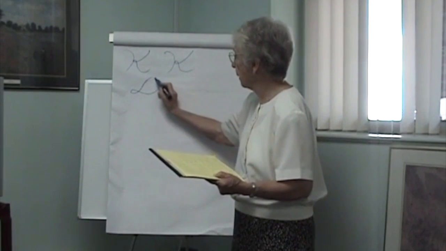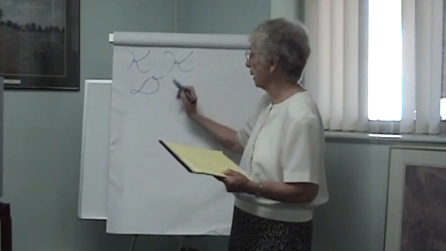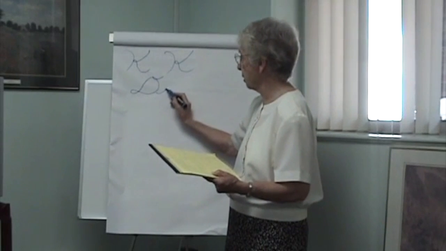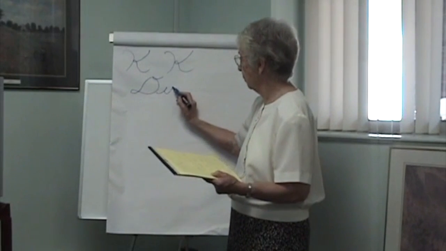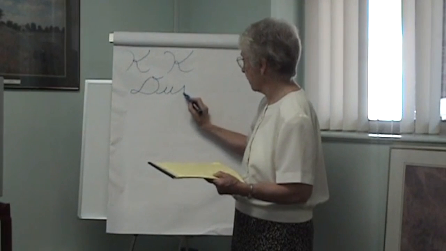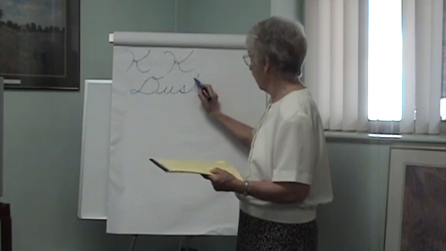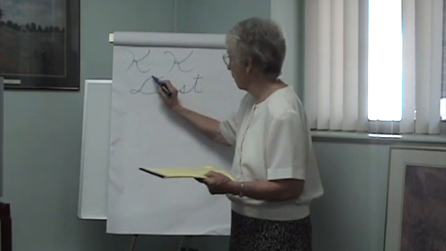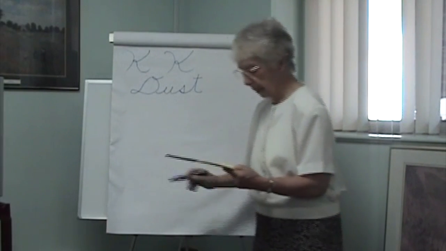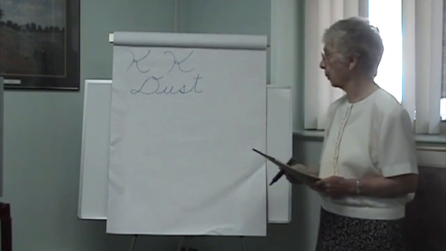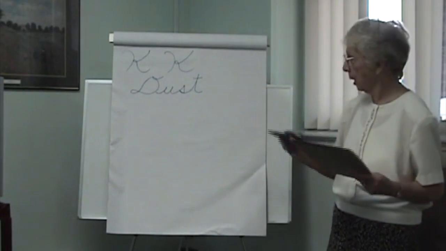We're going to come up like that. Now remember, you can't connect it. So we're going to start here. Dust. D, U, S, T. See? And the T is supposed to be the same height as the capital letter. Dust.